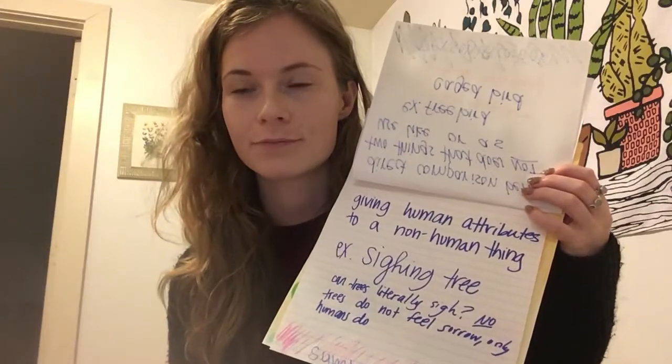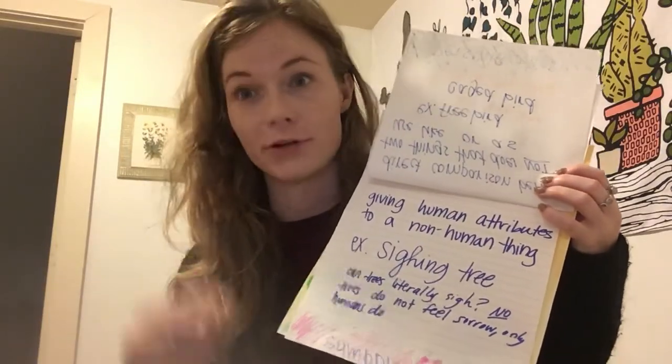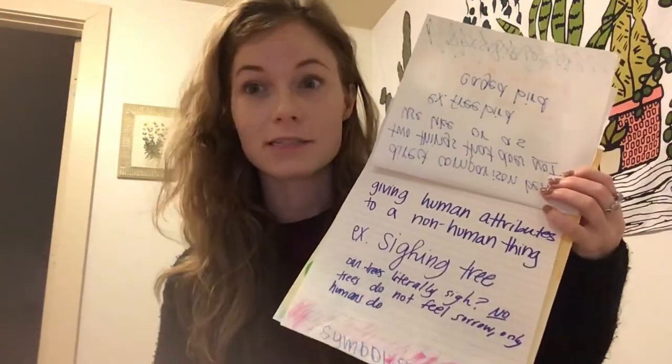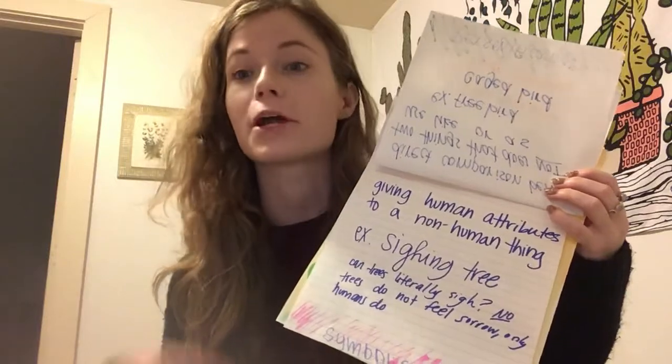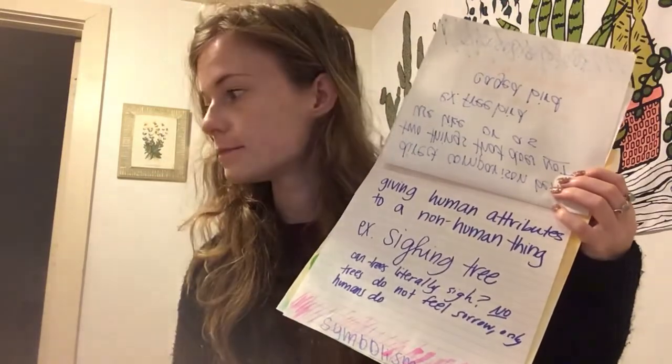Now, can a tree literally sigh? No, I haven't heard it. I mean, maybe you guys have. That's a little weird because trees are not human, so they cannot experience sorrow. They can't experience that emotion that makes them sigh.